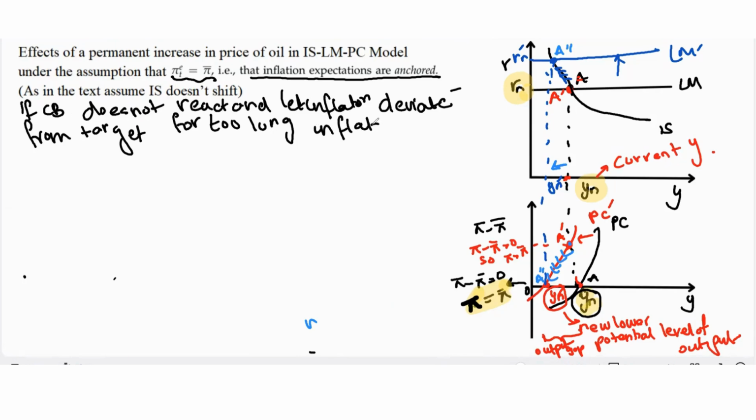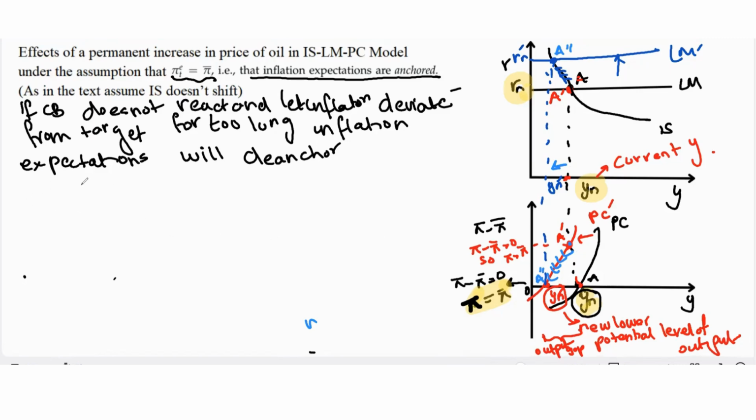Wage setters will start expecting higher inflation, and inflation will keep on rising. So to protect its target, the central bank will react, increase the real interest rate, and when it does that, the LM curve will shift upwards. It will keep doing that until output reduces to the new lower potential level of output, and as a result, inflation comes back to target.